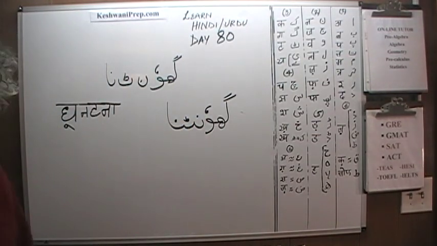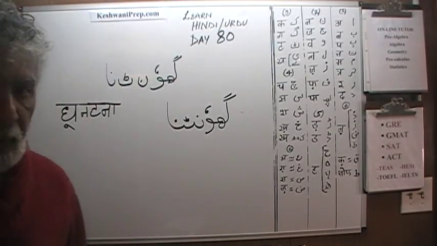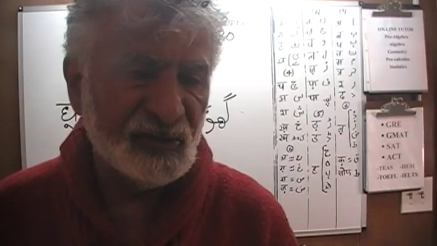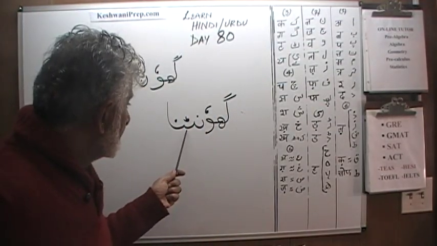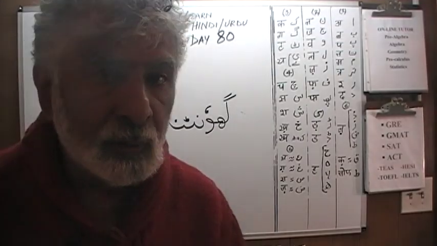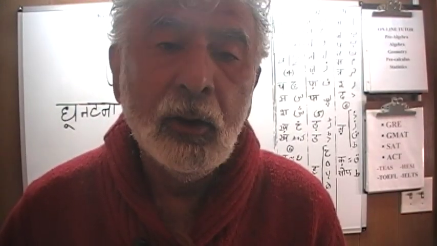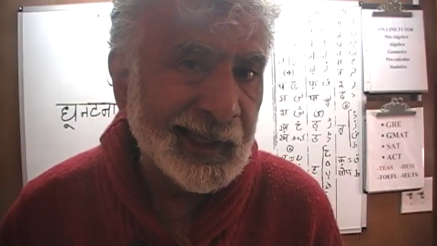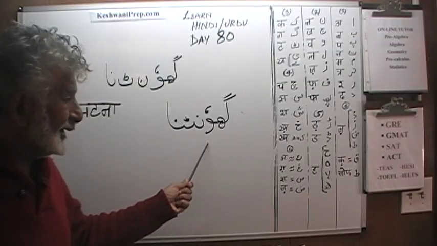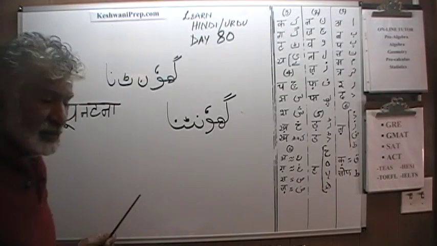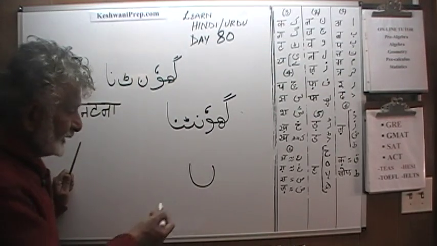Okay, let's pay attention here. What you see on the blackboard is not the word we're looking for. It's not spelled correctly. We have to fix the spelling. It says Guna Tana. We don't need Guna Tana. We need Gutna. The first N is nasalized. We already know that when that happens at the end of the word, we simply put a noon without the dot.